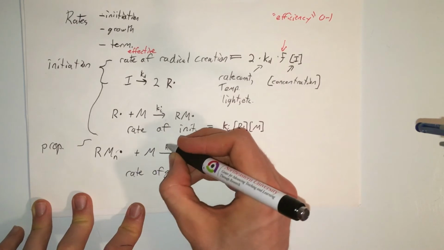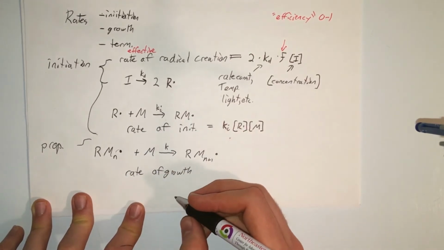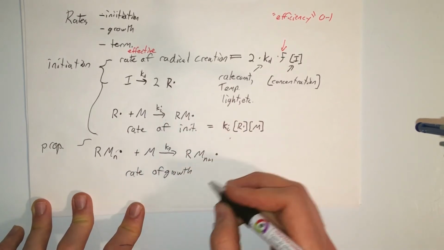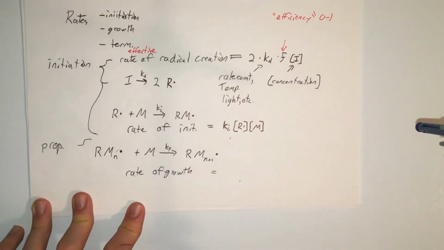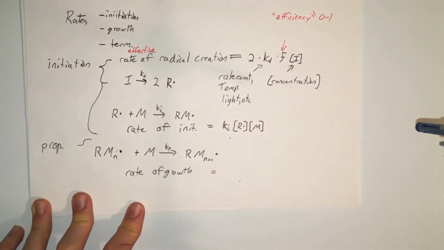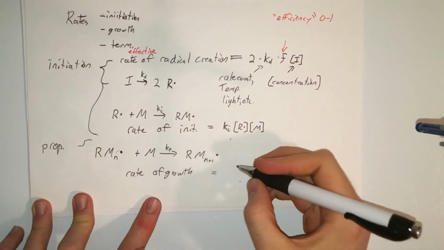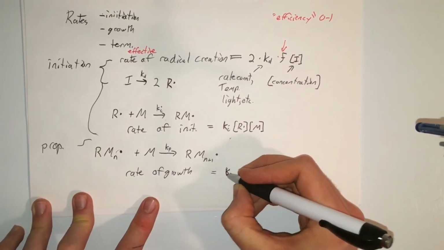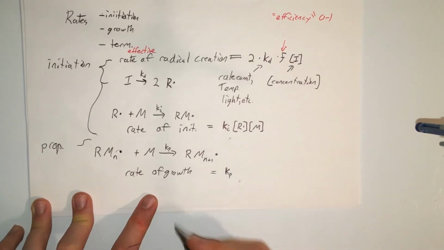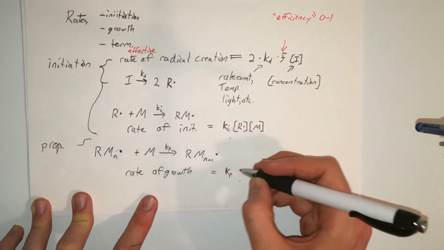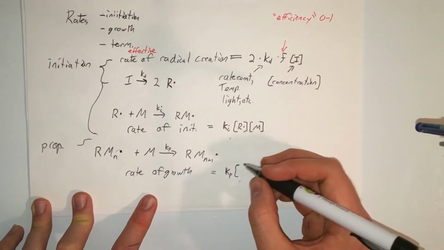there might be some rate constant here, which we'll call k sub p for propagation. Pause the video now and try to figure out what the form of this rate of growth might be. So we can talk about the rate of growth. Well, the rate of growth will have its rate constant, k sub p for propagation, and it will be proportional to the concentrations of its components that go into it.